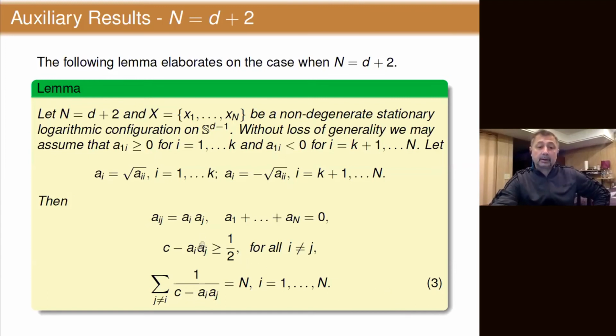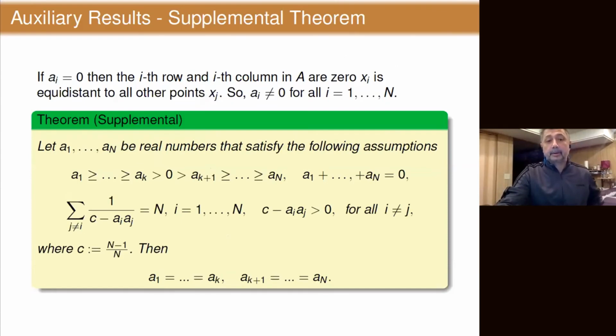We also have that c − a_ij is greater than or equal to 1/2, and the sum of 1 over c − a_ij is n. And if a_i is 0, then the ith row and the ith column in A are 0, so x_i is equidistant to all the other points. This is a consequence if we assume that one of these elements is 0.